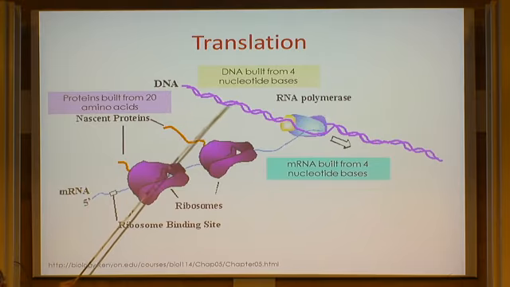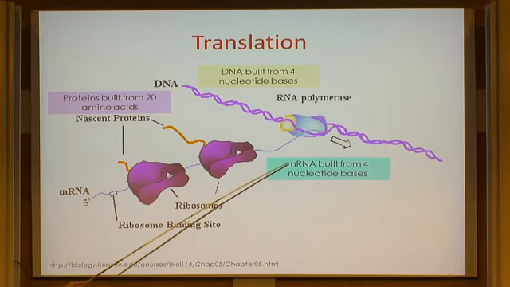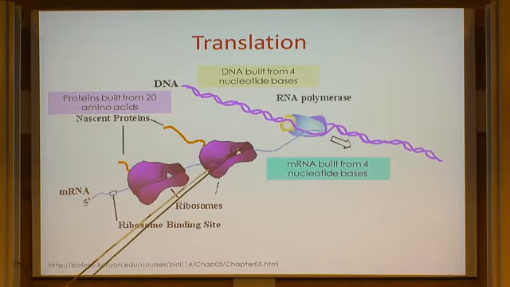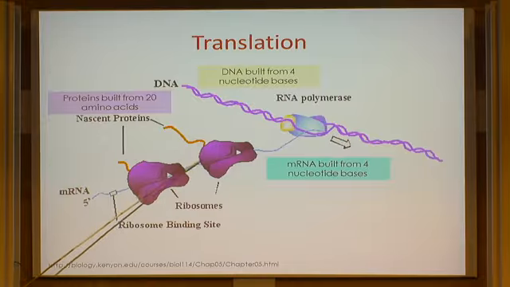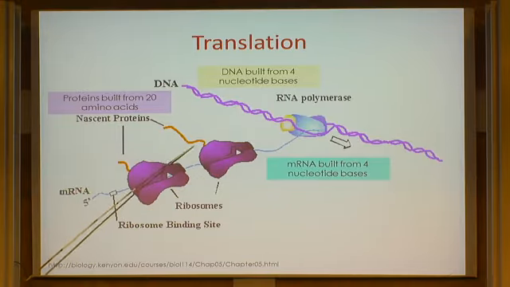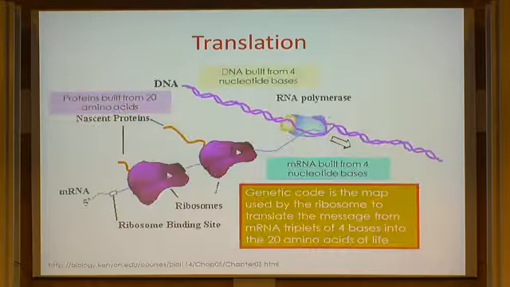The DNA is built from those 4 bases that we saw. mRNA is also built from essentially the same 4 nucleotide bases with one minor difference. And the mRNA produces the proteins by ribosomes going along the mRNA and spitting out the proteins like that. And the proteins are built from the 20 amino acids.